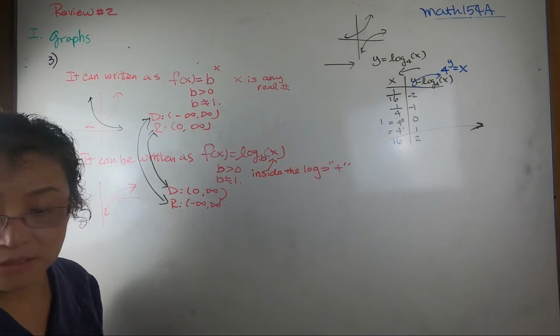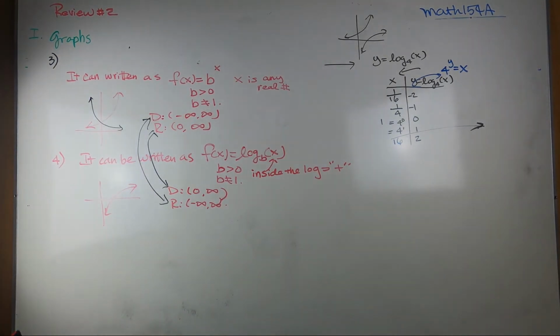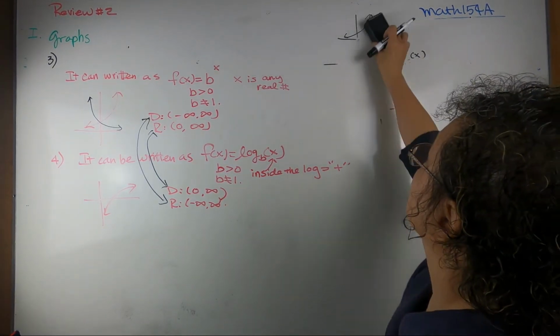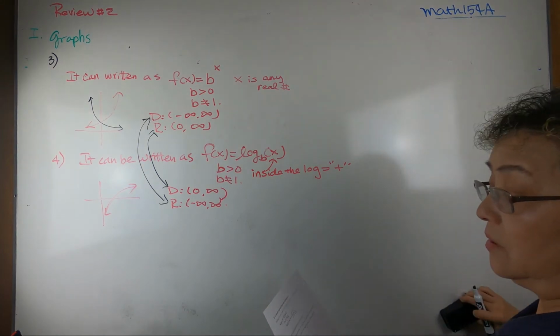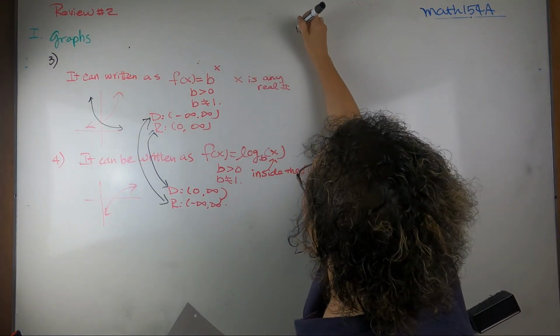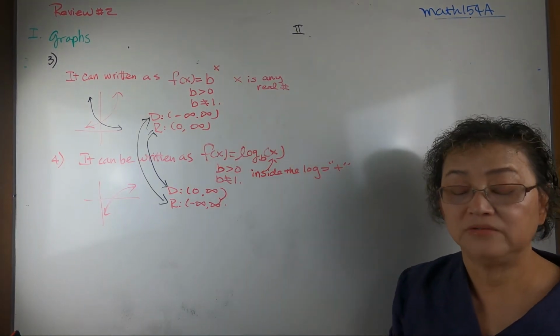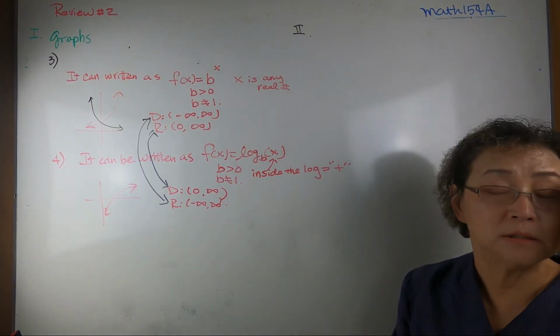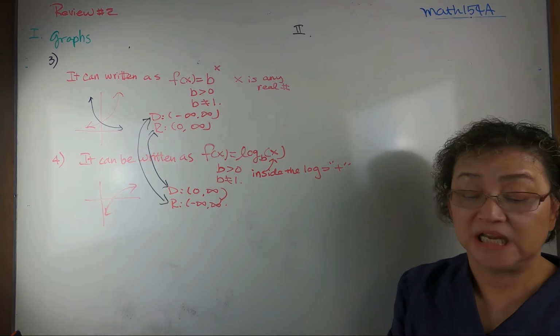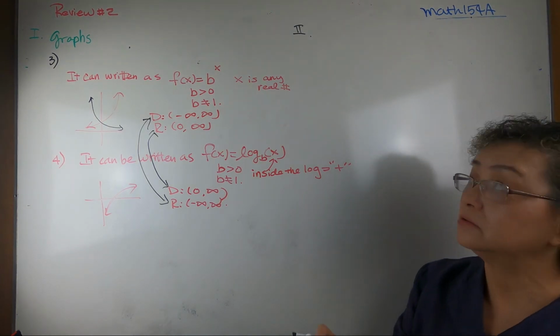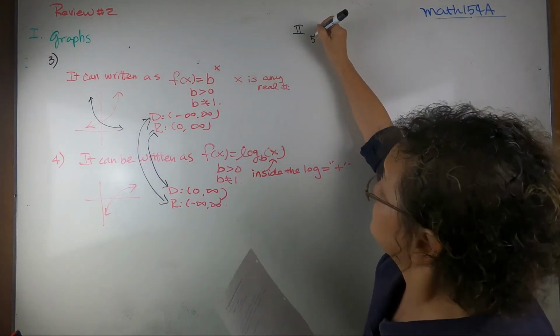That means you switch your x and y's, right? Okay, we also did what? Composite functions and inverse functions, right? So we will just test everything to see if you remember all those.